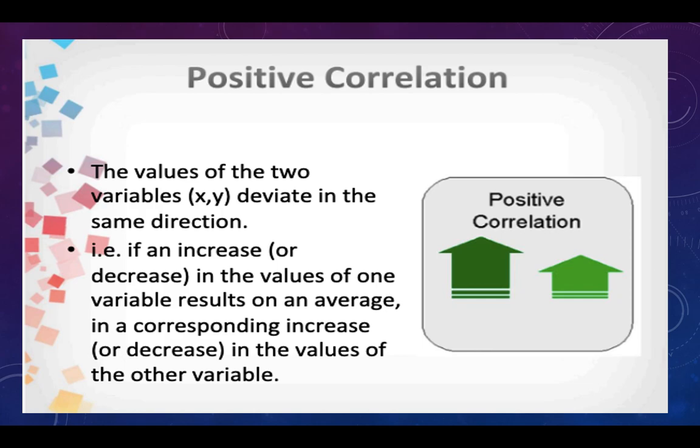If we increase the value of one variable, then on average the other value will increase as well. You can see here the two arrows going up. One value is increasing, and according to that the second value also increases. So that is called positive correlation.